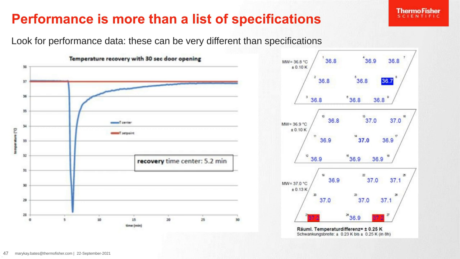So there may be different CO2 sensors, for example, that have the same specifications in terms of their accuracy, but how that sensor performs in the incubator setting, how it reacts with the temperature and the gases and air circulation and how many vessels are in the incubator at a time, all of that can be different with different incubators. So I want to spend just a few minutes looking at the different parameters provided by the incubator, how those affect cells, and why you might see differences in different incubator designs.